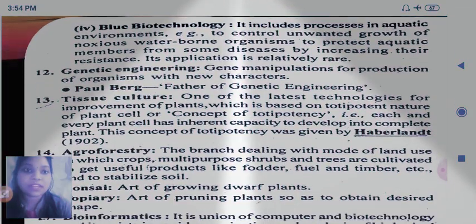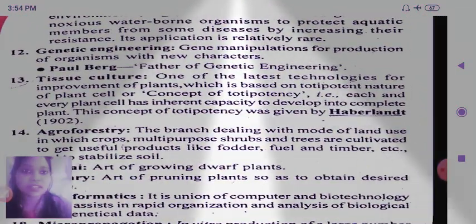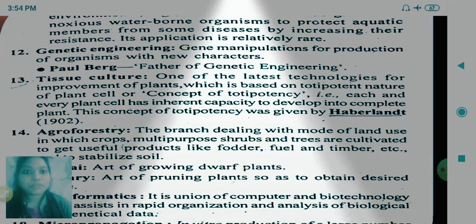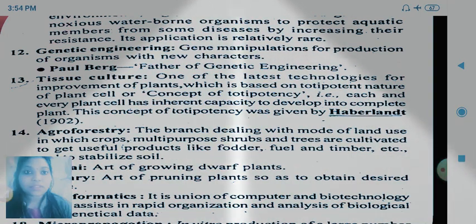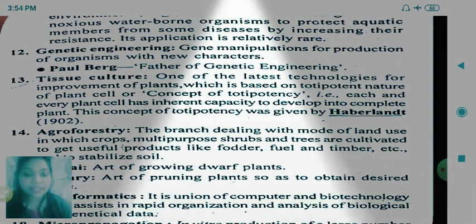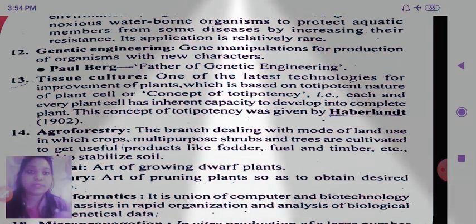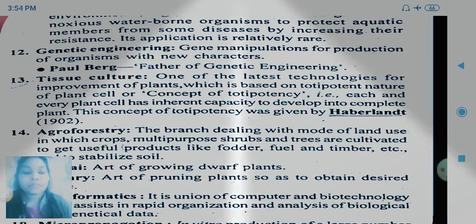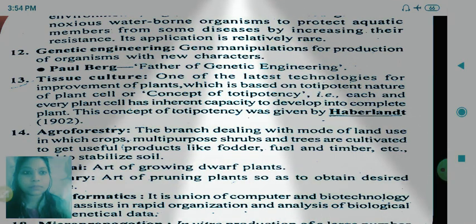Then comes genetic engineering. What do we mean by genetic engineering? Gene manipulation for the production of organisms with new characters. By the process of genetic engineering, we modify one character and introduce it to another organism, which then becomes a new organism having different, improved characters.